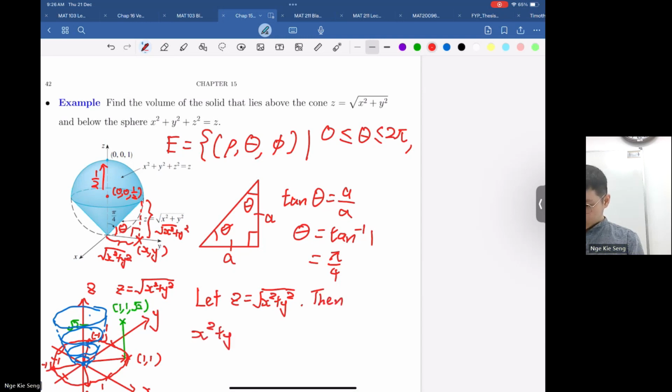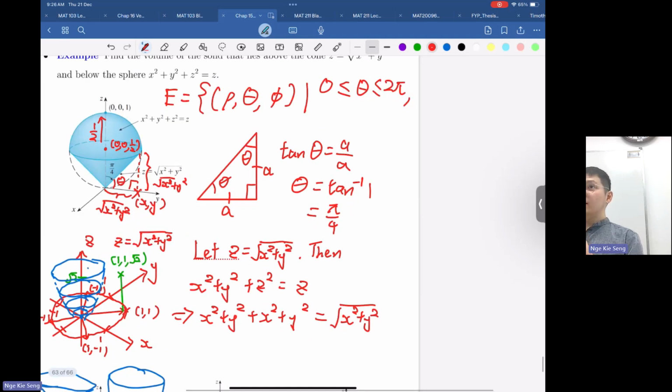x squared plus z squared equals z becomes x squared plus y squared plus 2 square root of x squared plus y squared. Then what's this? This looks a bit horrible.